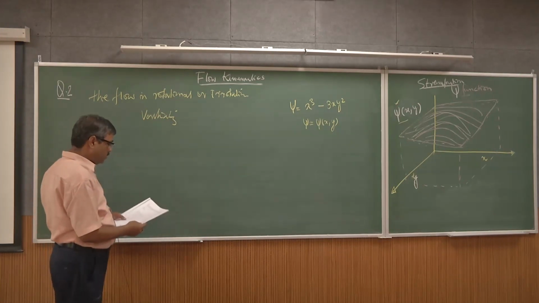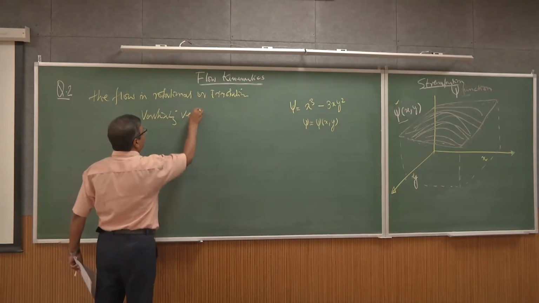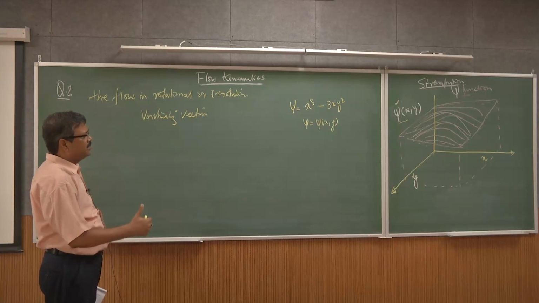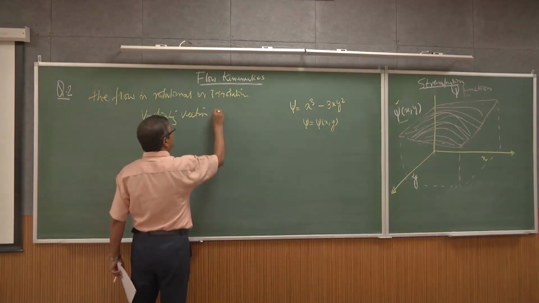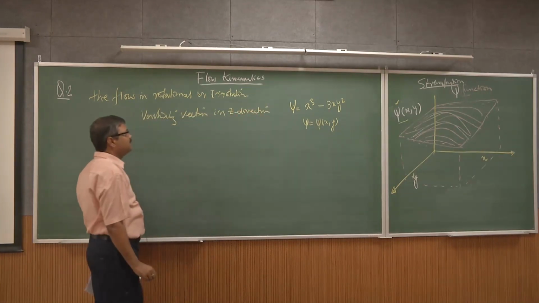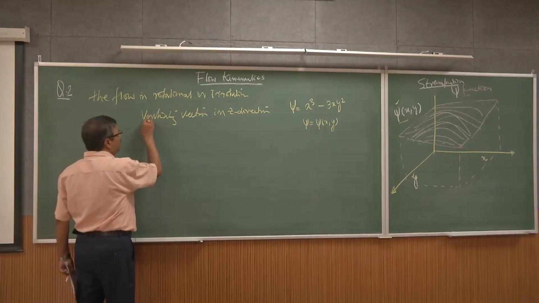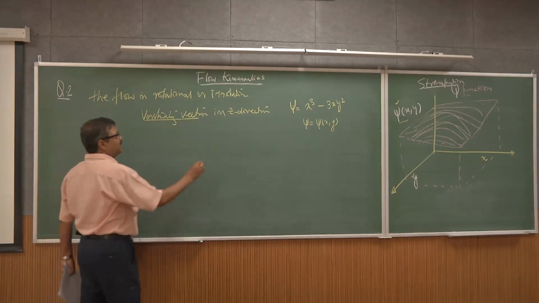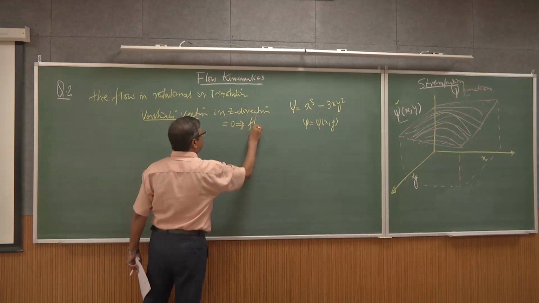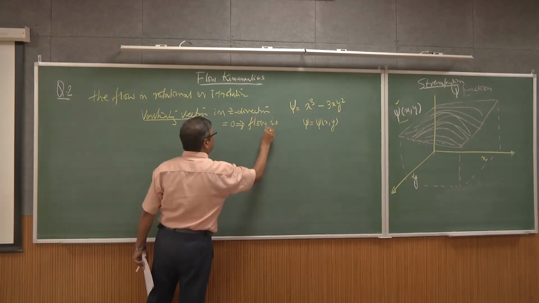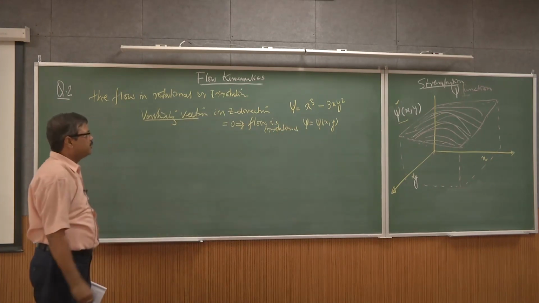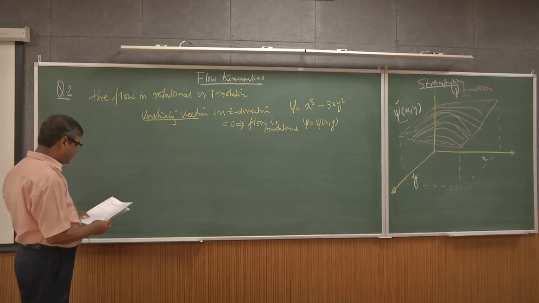In this case, it is only two dimensional, so we need to compute the vorticity factor in the z direction. If that becomes 0, then that indicates the flow is irrotational. If not, the flow is rotational. Let us compute the vorticity factor.